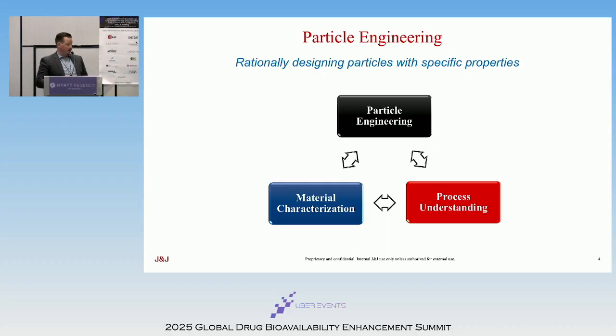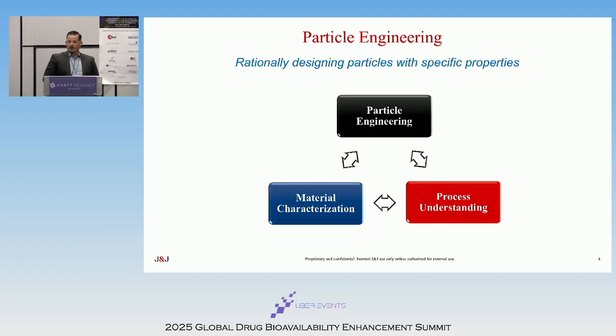So relatively speaking, particle engineering is a young discipline. It's also a very complicated discipline. It takes into consideration chemistry, formulation science, heat and mass transfer, solid state physics, aerosol science, particle or powder science, and so on.